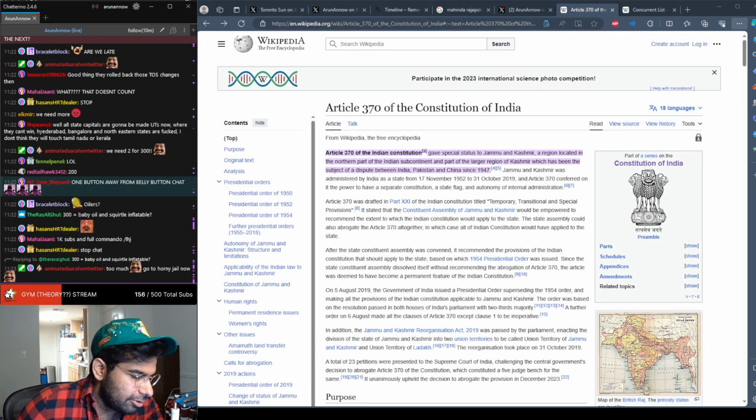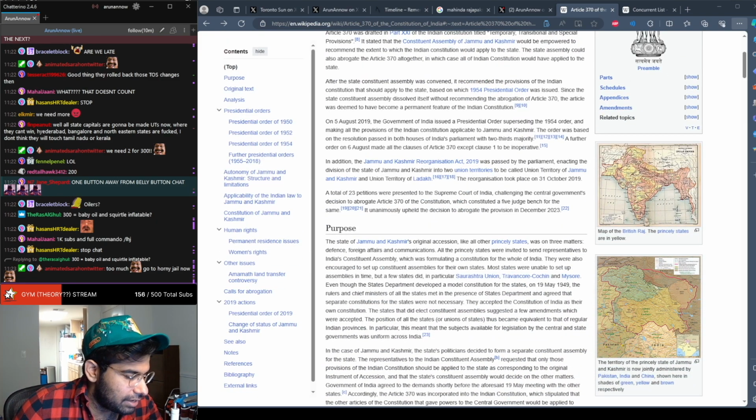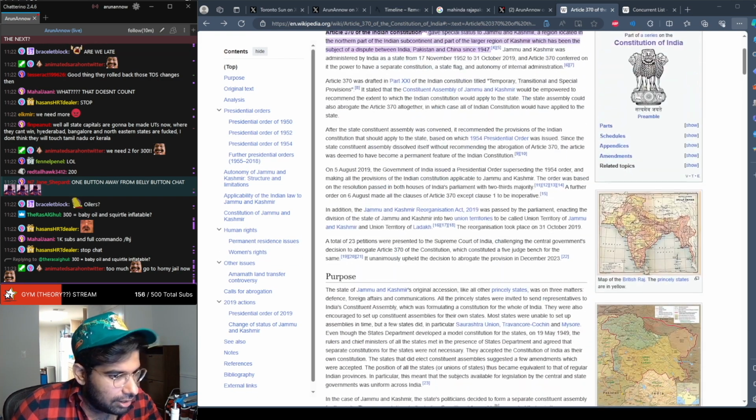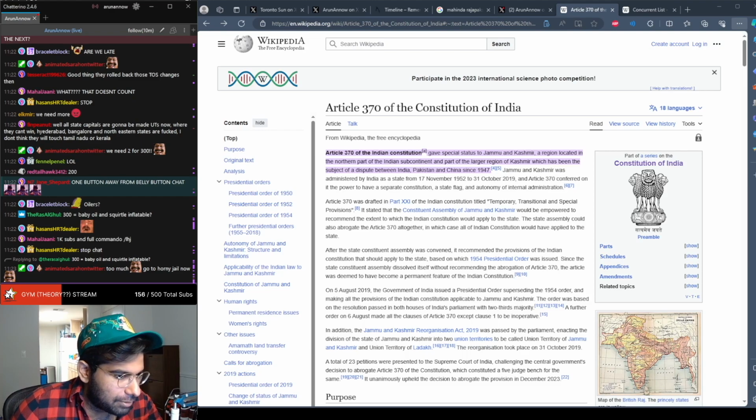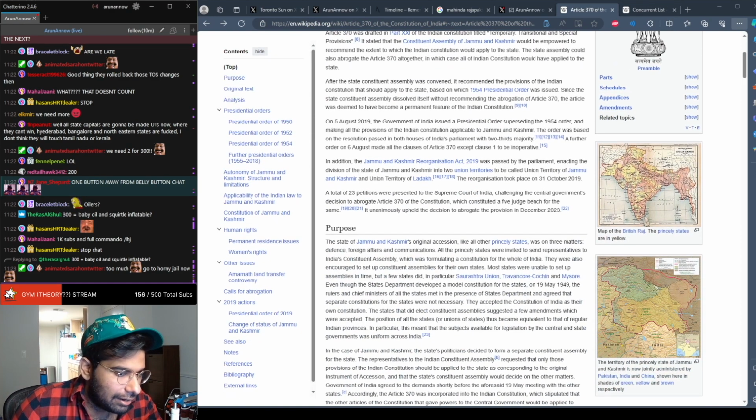But the revocation of Article 370 completely scrapped whatever privilege Jammu and Kashmir had, and it basically gave it limbo status.